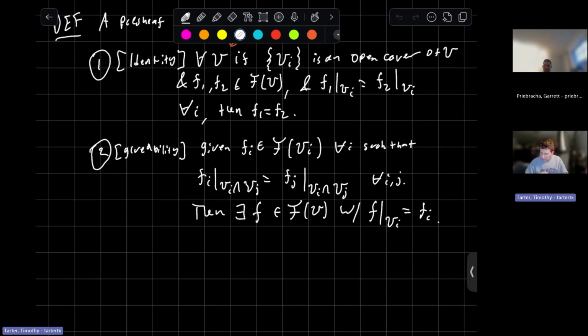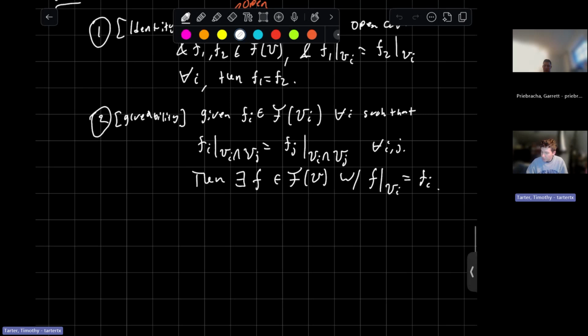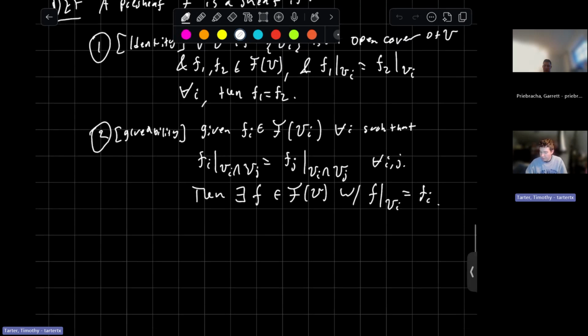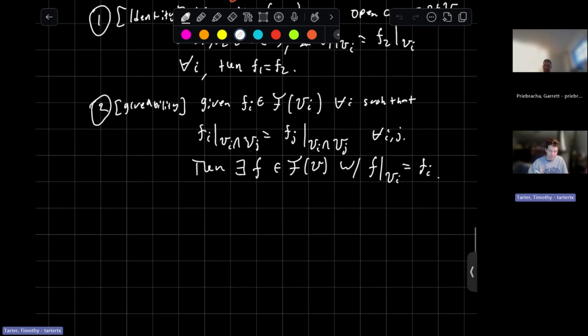A thing that's worth noting about sheaf cohomology is that the two axioms for a pre-sheaf to be a sheaf can be interpreted as exactness of what's called the equalizer exact sequence.